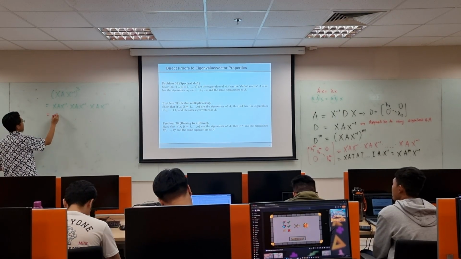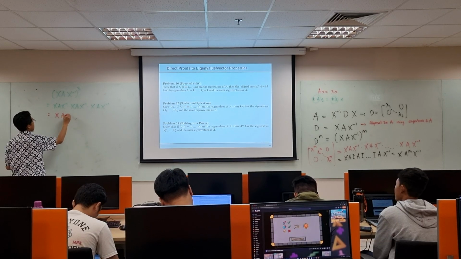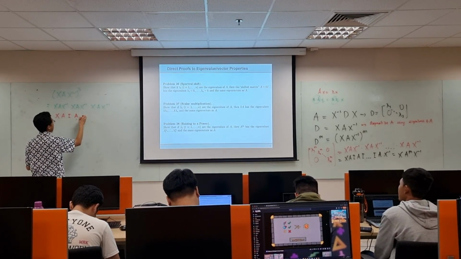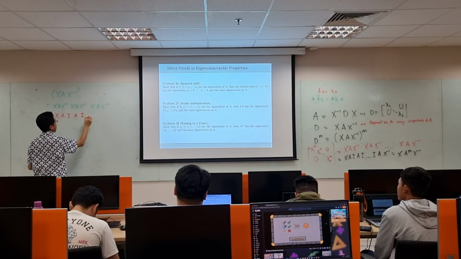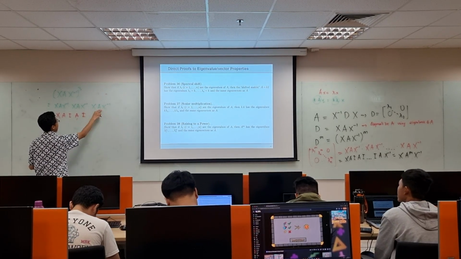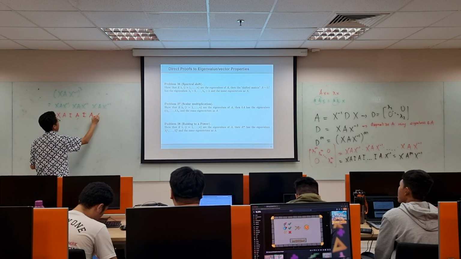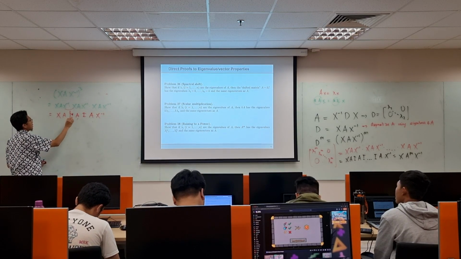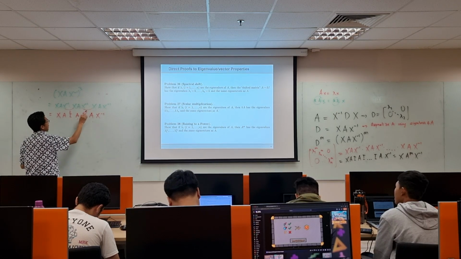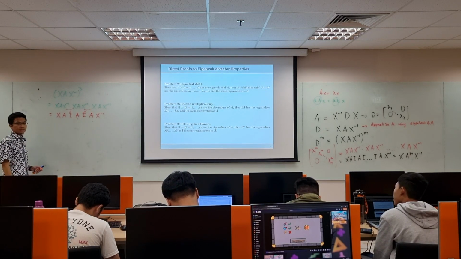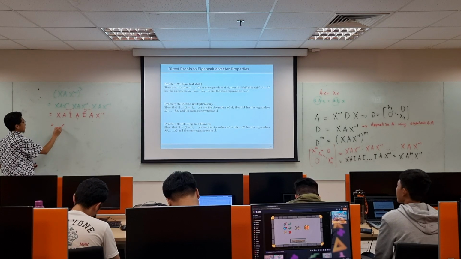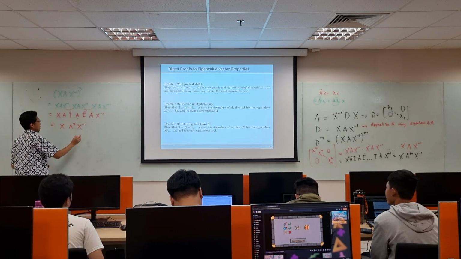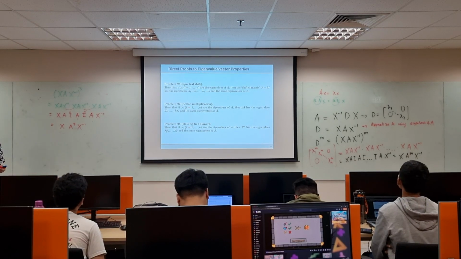So the result is X A identity A again, identity, A again, X inverse. So this becomes identity, and that one becomes identity here. So the result, done.